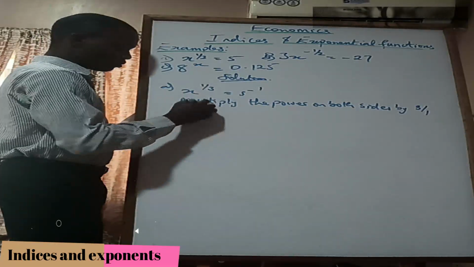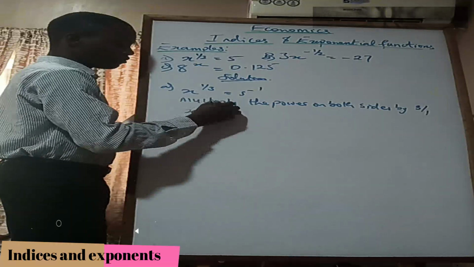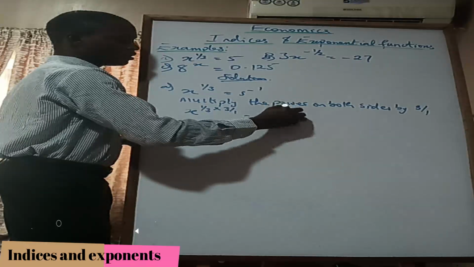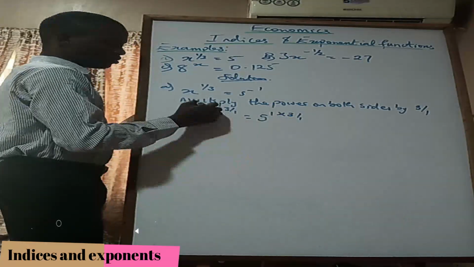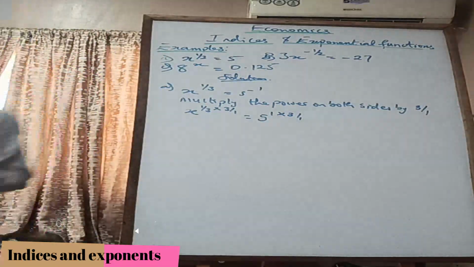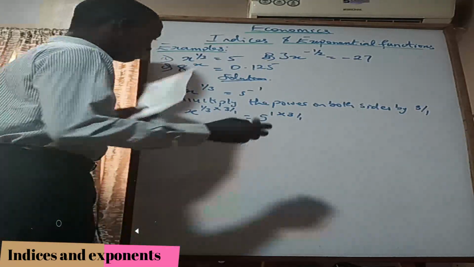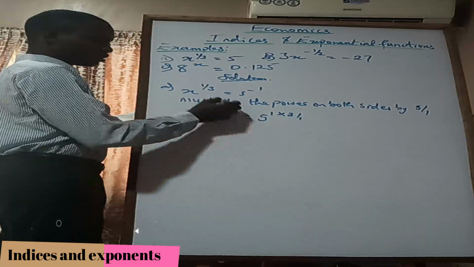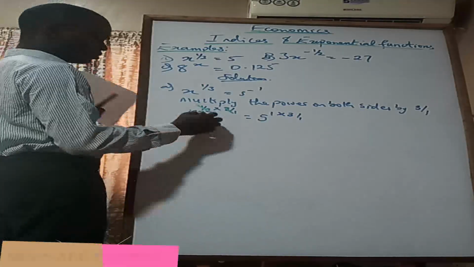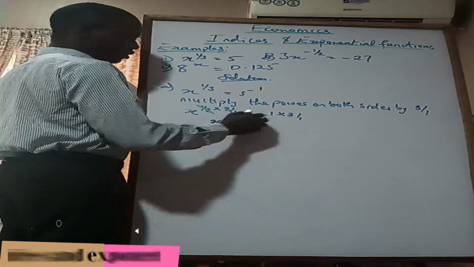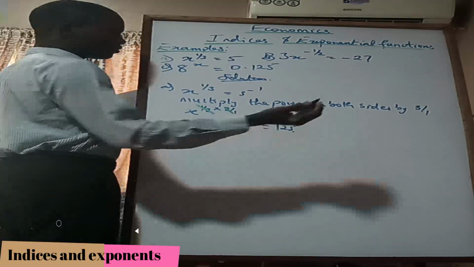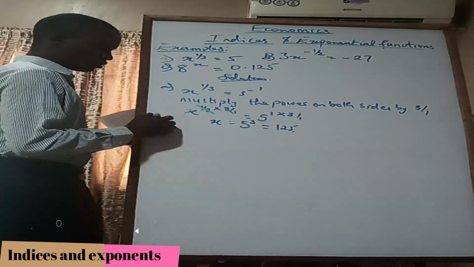That will give us x raised to the power 1/3, with this power multiplied by 3/1, equals 5 raised to the power 1, also multiplied by 3/1. So this cancels this, because 3 cancels 3 here, and we are left with x standing alone. x equals 5 raised to the power 3. 5 cubed is 125. So that means our x is 125, and that's it.